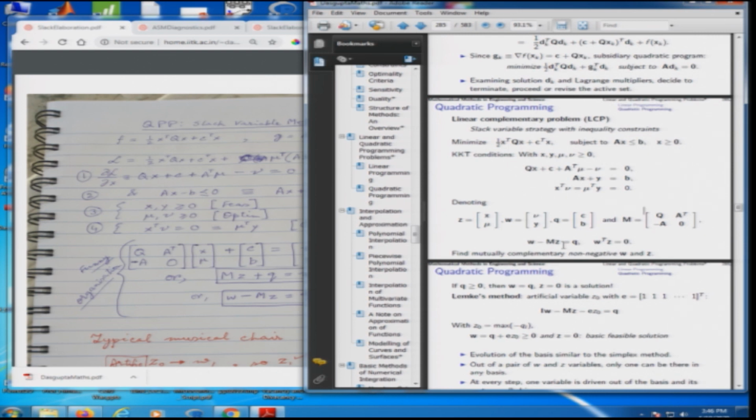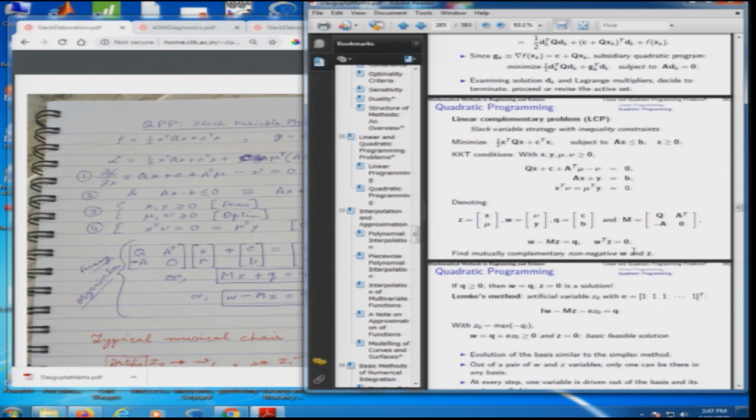From this point onwards, we do not talk about optimality, or about any less or more. We just try to find a solution for this system, a solution which is non-negative w and z. So, find mutually complementary non-negative w and z. This is the one line problem statement. So, this is the requisition, we try to solve it.